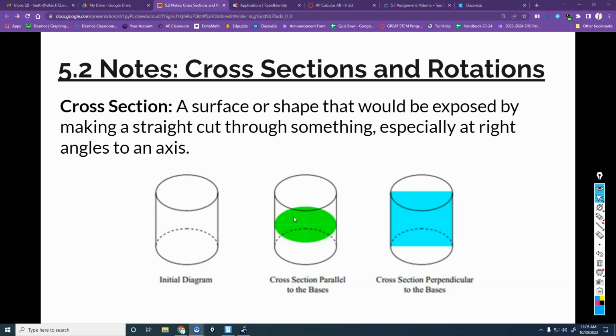It's a big log of cookies, but you make a cut, and it cuts it into all these little tiny cylinders that are your cookies. That would be a cross section.